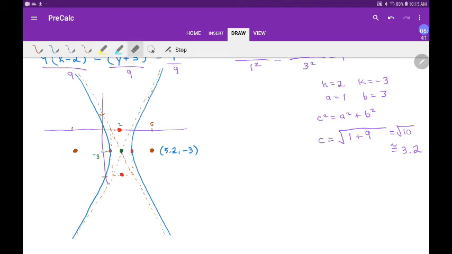Pardon me, that's too far away. It's supposed to be 3 away. I went 3 from 0, so it's only supposed to be 1. So how about that for my foci? That seems a little close, but we'll label that negative 1.1, negative 3. Okay, that's for my foci.